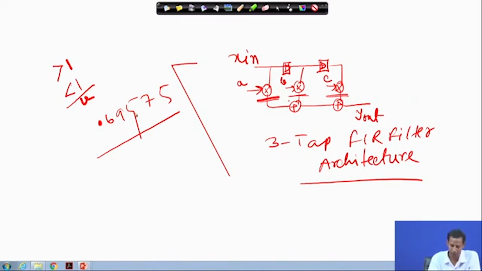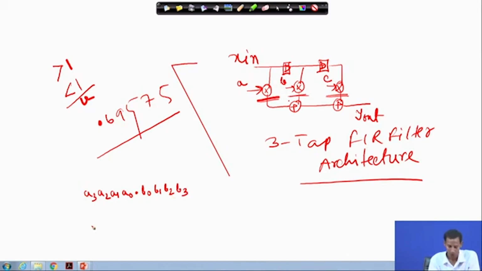Basically, we can represent it in binary. Suppose I am having the decimal point in this particular location. Then I am having A0, A1, A2, A3, and B0, B1, B2, B3.